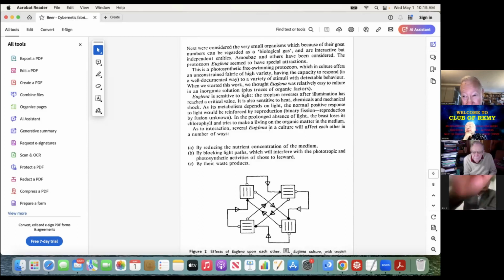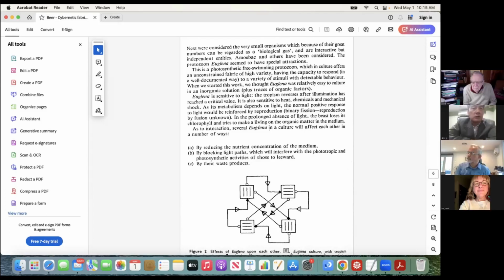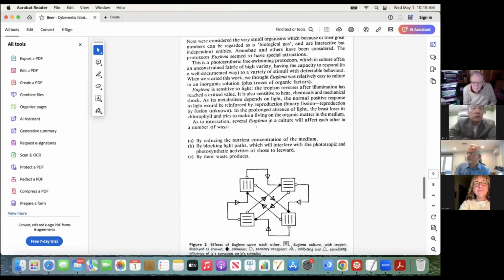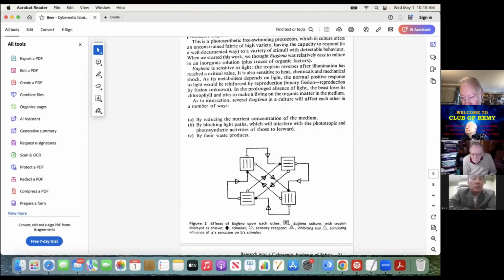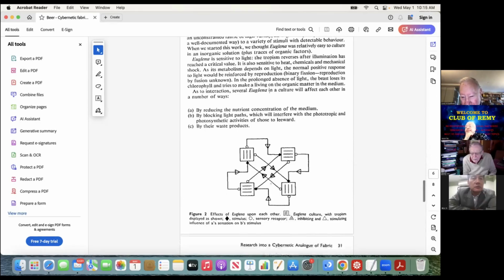It's sensitive to heat, chemicals, and mechanical shock. So he's talking about the action of the metabolism of the euglena within its environment. And I hadn't thought really carefully about exactly what the pathways mean in this diagram. I don't think we need to worry about it unless you're interested, but I can send you the paper.